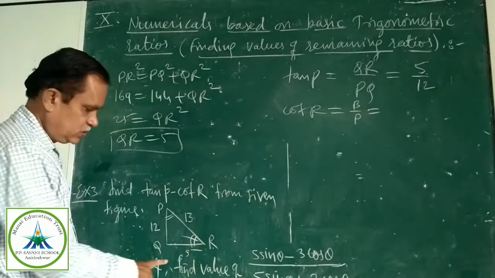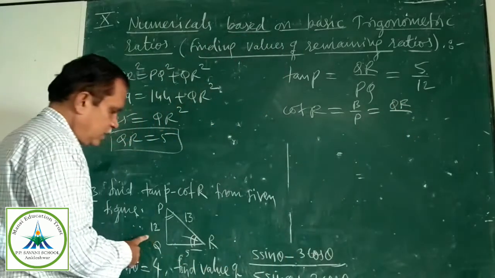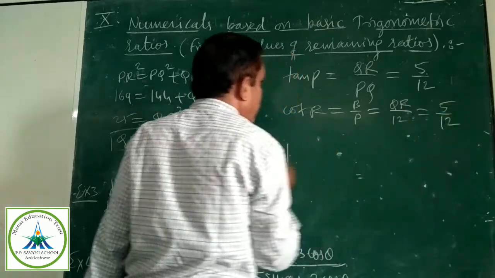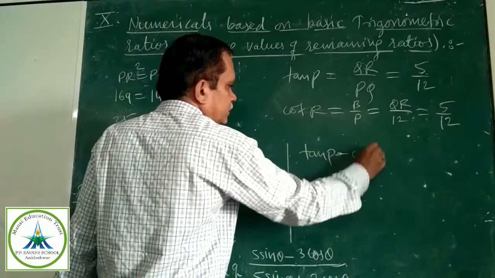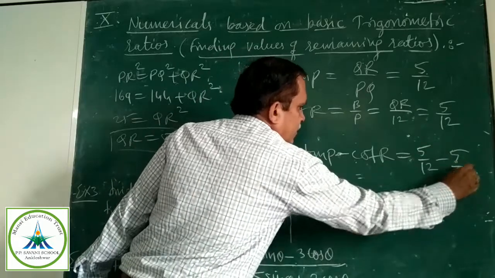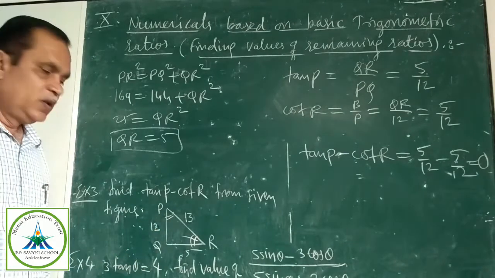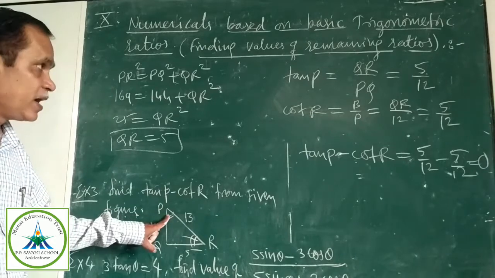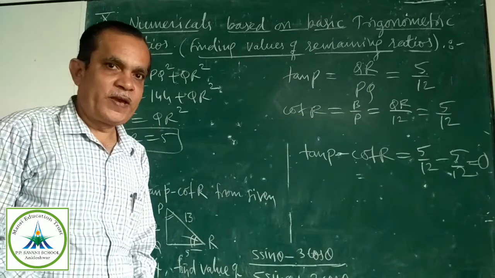What is the base? QR. What is the perpendicular? PQ, 12. That is equal to 5 upon 12. So you got it now. Tan P minus cot R, 5 upon 12 minus 5 upon 12 equals 0. Okay, students? See, important is naming these properly, writing the correct ratio in less time. Okay, very good.